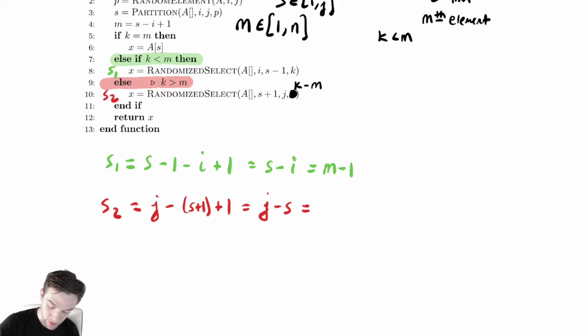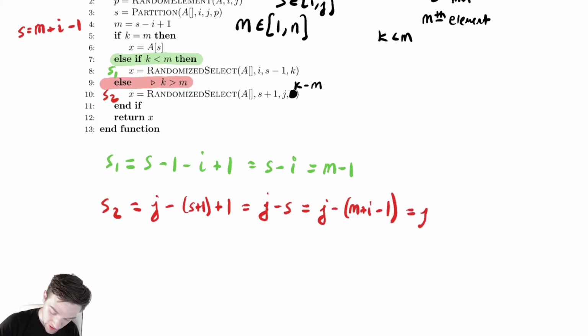I'm going to solve the expression for m for s. If I do that off to the side over here, I get s equals m plus i minus 1. So this is j minus m plus i minus 1, which is equal to j minus i plus 1 minus m, which is equal to n minus m.